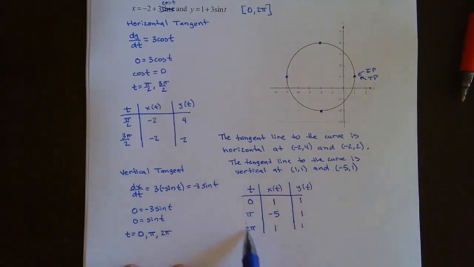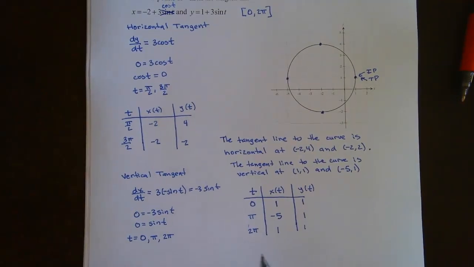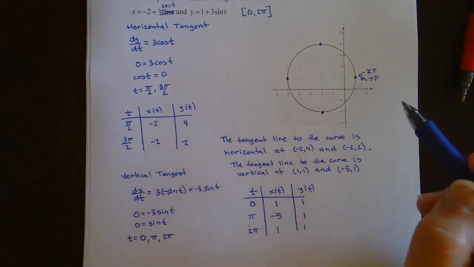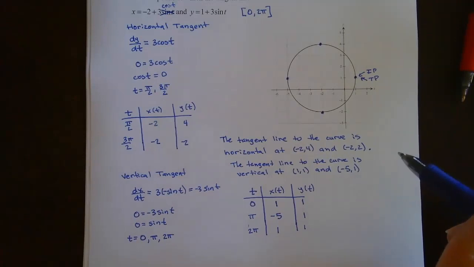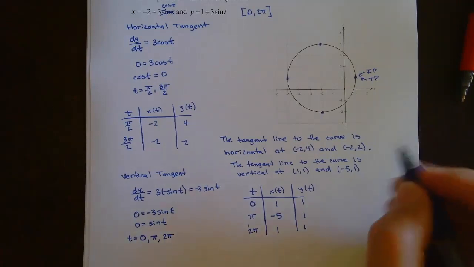Because that's the time at which the coordinates are at a point where the tangent is vertical. All right, so that's example number 2, guys.